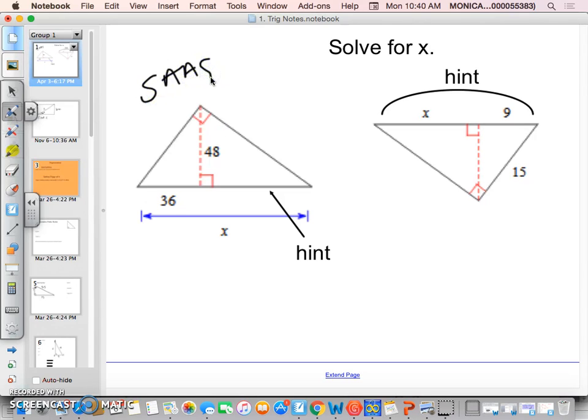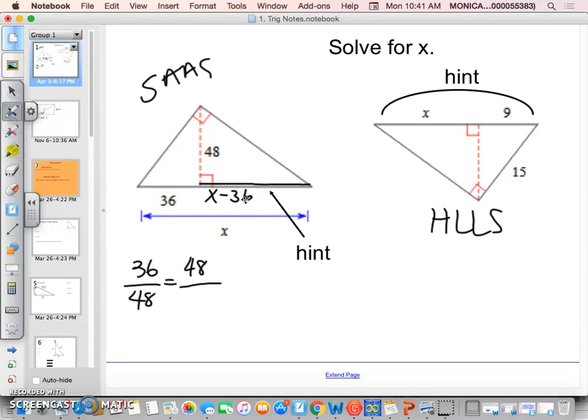And over here, we know the hypotenuse, so we would use HLLS. If we were to set this up, we would use this part, 36, over the altitude, 48, equal to 48 over, and now this side right here is going to be x minus 36.